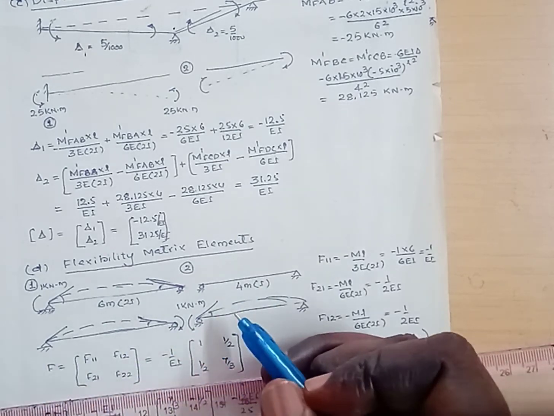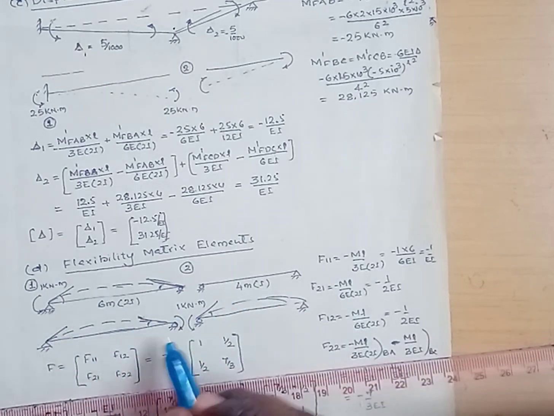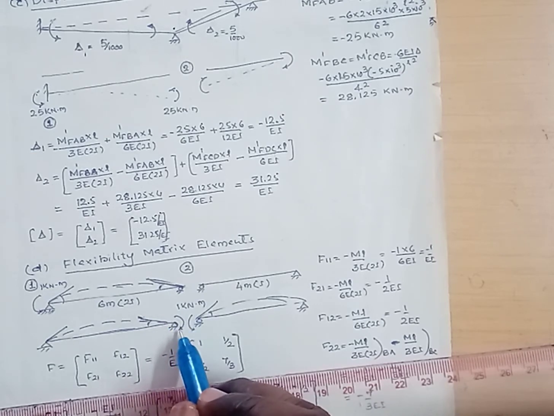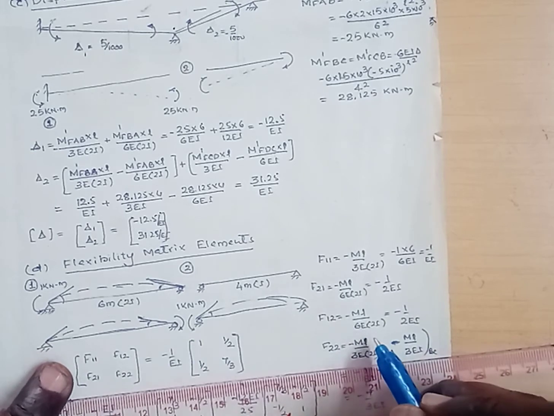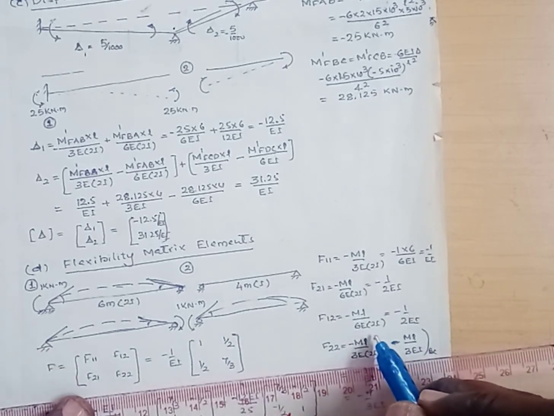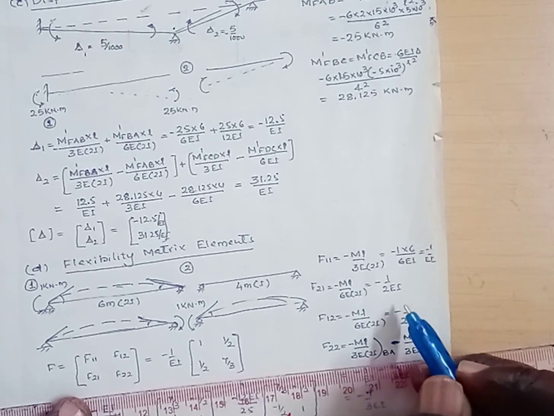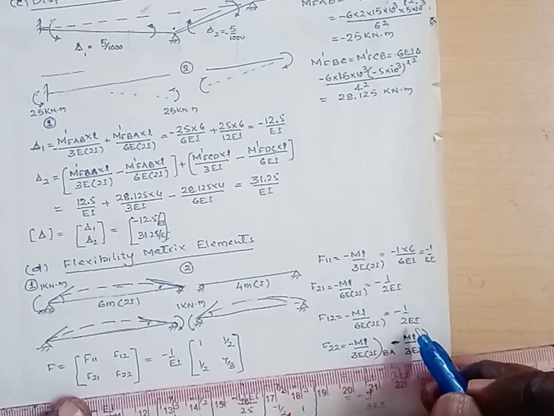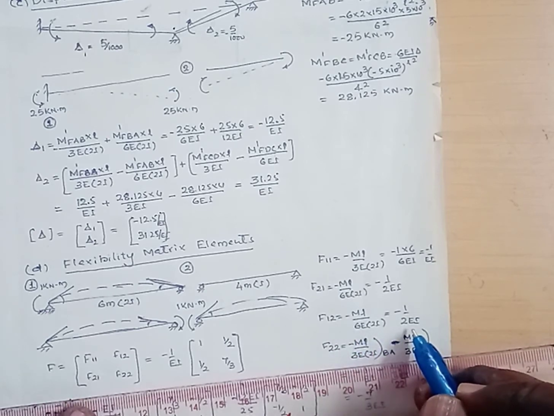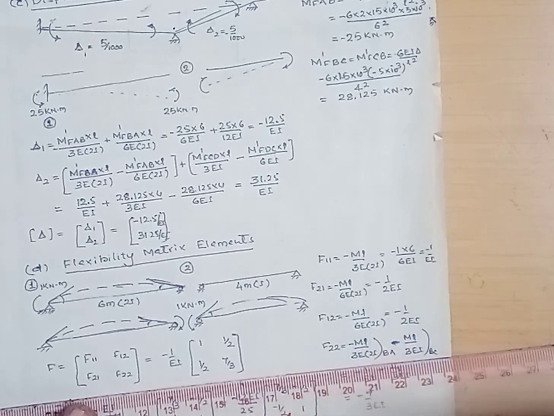F12. Here the displacement at 1 due to the unit moment applied at coordinate 2 is ML divided by 6EI in span AB. L we have already calculated, that is Maxwell's reciprocal theorem of deflection. F21 and F12 are both the same, that is minus 1 divided by 2EI.